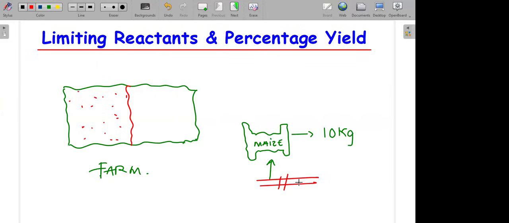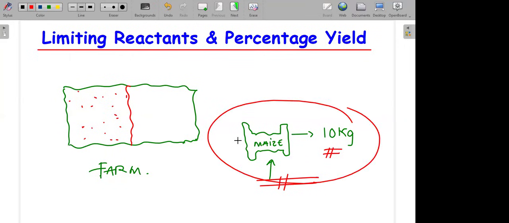It means the product that you are going to obtain from this farm will be dependent on the what? On the amount of seed that you actually planted. That's an example of the limiting reactant. In this case, the limiting factor here is the amount of seed. If you had enough seed, you would have continued to plant until you finished all this farmland.